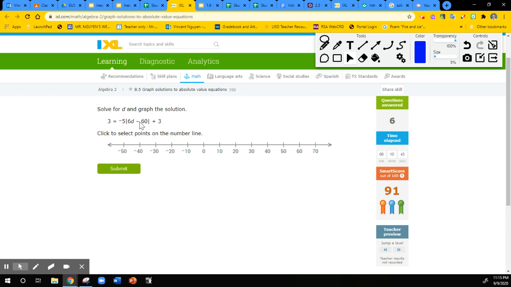So if you can solve this one right here, you could pretty much do everything. So here we go. We are going to remove first the 3 over here. Okay, so once you remove that 3, it's actually pretty nice. It becomes 0. So my equation becomes 0 equals negative 5 times the absolute value of 6d minus 60.